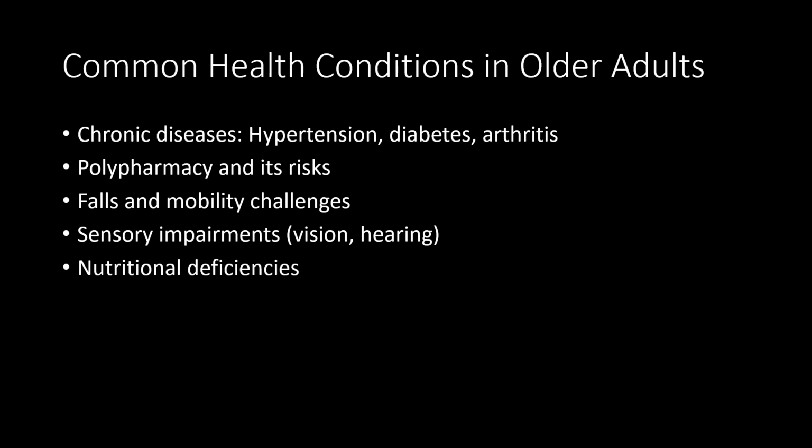Everything kind of slows down, so it puts a bigger risk for drug interactions as well as overdoses and fall risk and things like that. Falls and mobility challenges, sensory impairment, so vision issues, loss of hearing, and then nutritional deficiencies, which we'll talk a little bit more about later.